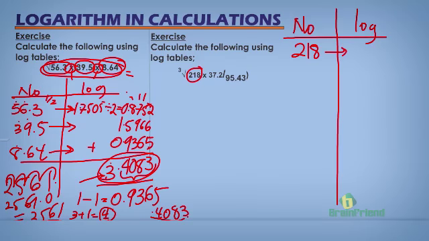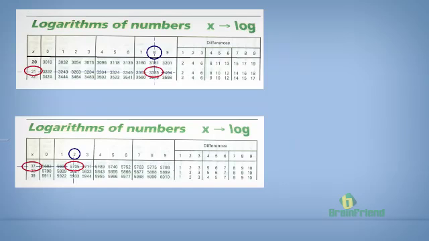First, we'll find the integral part of our logarithm as 3 digits, that is 3 digits from the integral part of our given number, minus 1. And that would give us 2. It means that the logarithm of 218 would be 2 point a fractional part. To get the fractional part, we'll look up our number from our logarithm table. So we have the first 2 digits as 21.